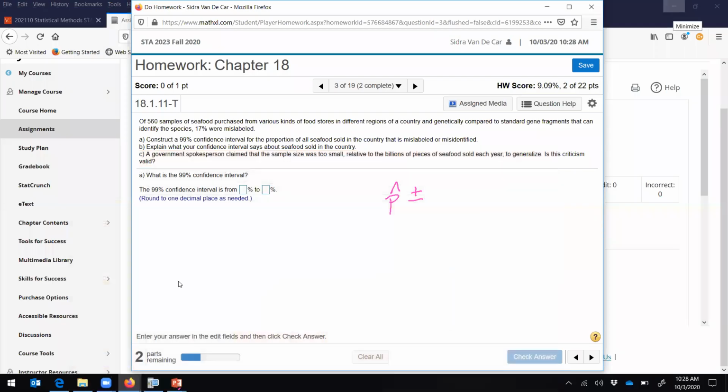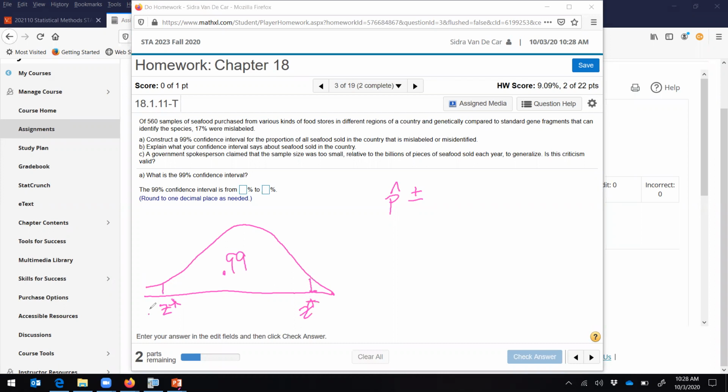So what I'm doing here is I'm saying with a normal distribution, the confidence interval being 99% means that I'd expect 0.99 in the center. So I'm looking for the Z value that's here and here. The positive and negative would be the same. It's symmetric, right?